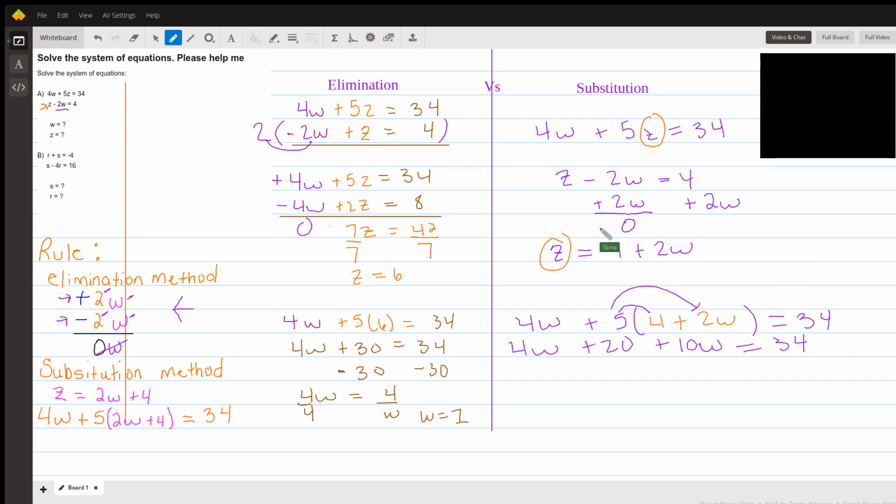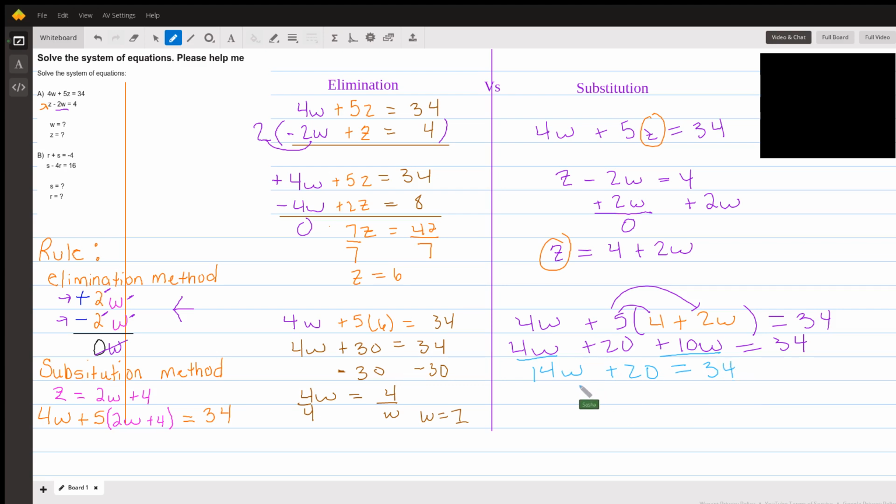This left side, I really need to clean it up. There's a lot going on over there. So I am going to combine my like terms, which is a 4W and a 10W. 4 plus 10 is 14W. Okay. I have my plus 20 still there is equal to 34.